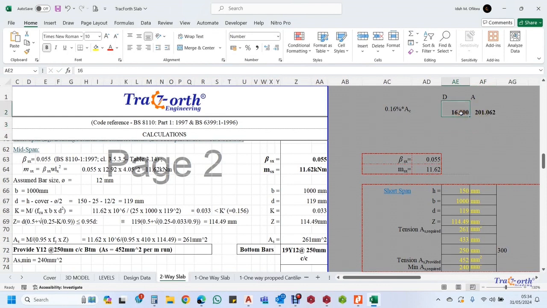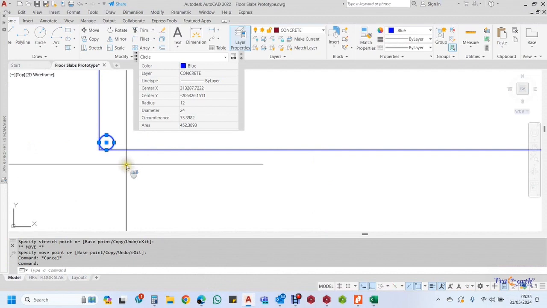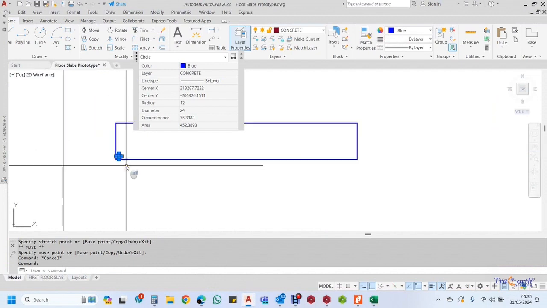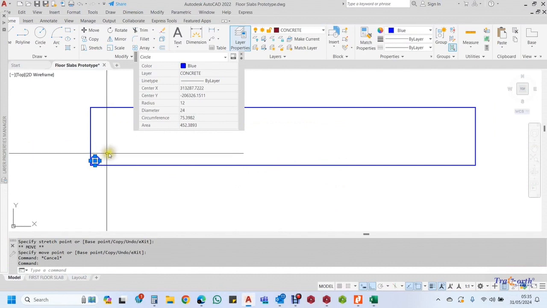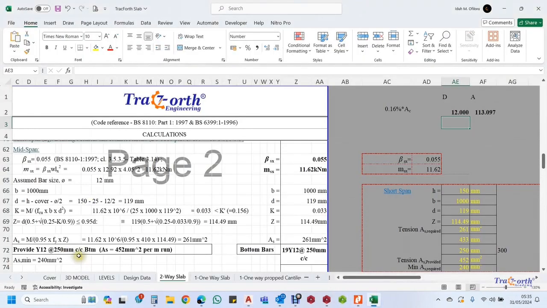But in this case, we have 12. So what this is saying is that just one bar is giving you 113. And from your calculations, your 261 is already sufficient. Meaning, how many bars will give you this value?